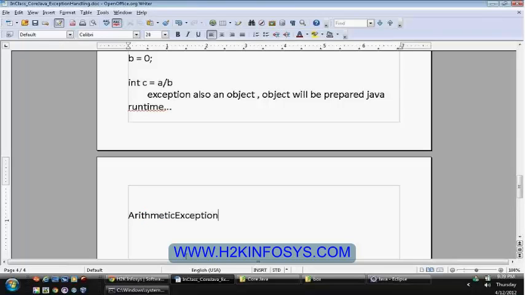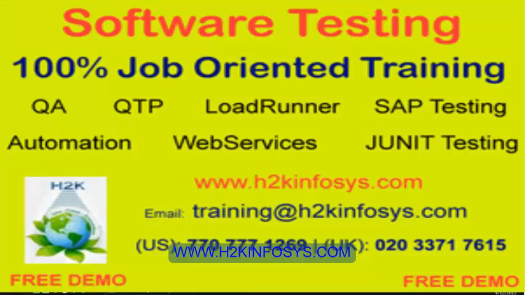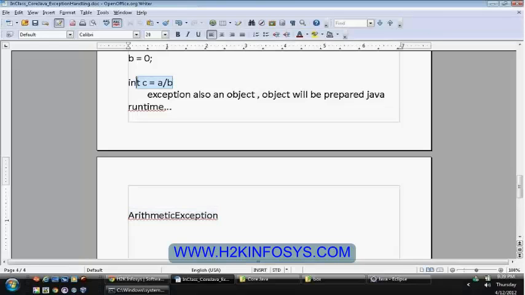We'll discuss what are all the objects that will be thrown by our JVM. But for example, in the current case, it will throw arithmetic exception. Whenever you have specified that a block will throw an exception, that means you already know that this block of code will throw an exception of type arithmetic exception.